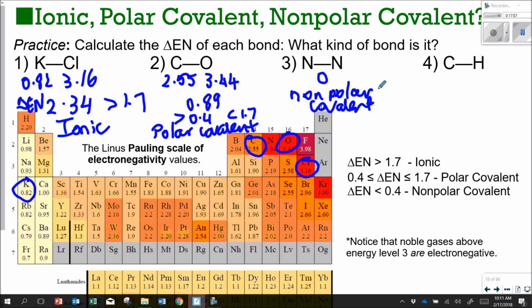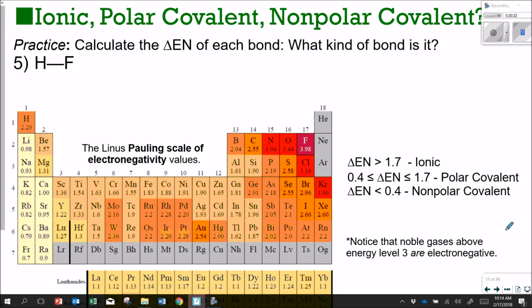The bond between carbon and hydrogen, again, carbon is 2.55, hydrogen is 2.2. I subtract the two and I get 0.35. So non-polar covalent. Finally, let's look at hydrofluoric acid. Hydrogen is 2.2. Fluorine is 3.98. So when I subtract the two, I get 1.78.